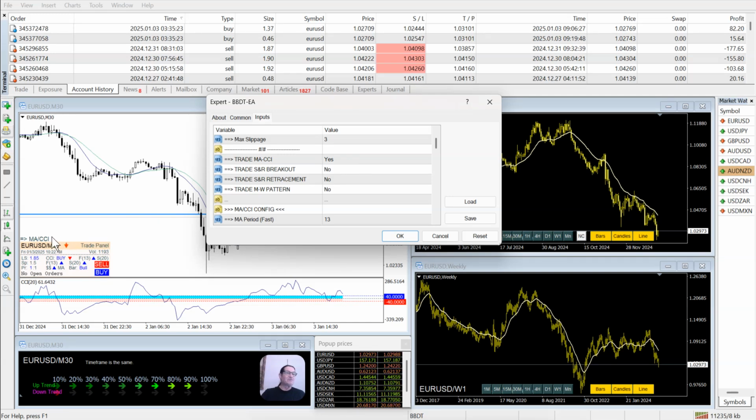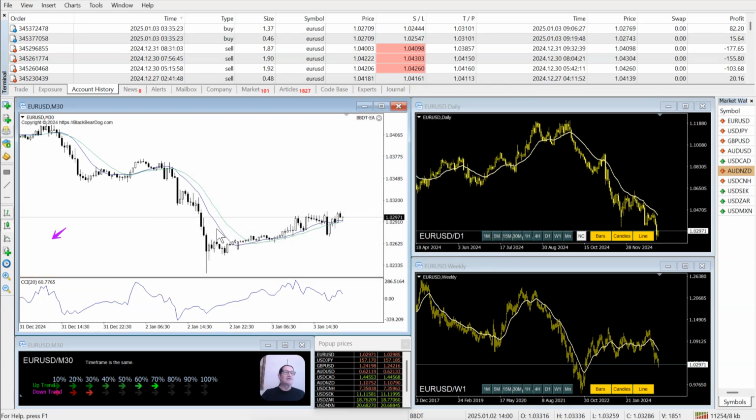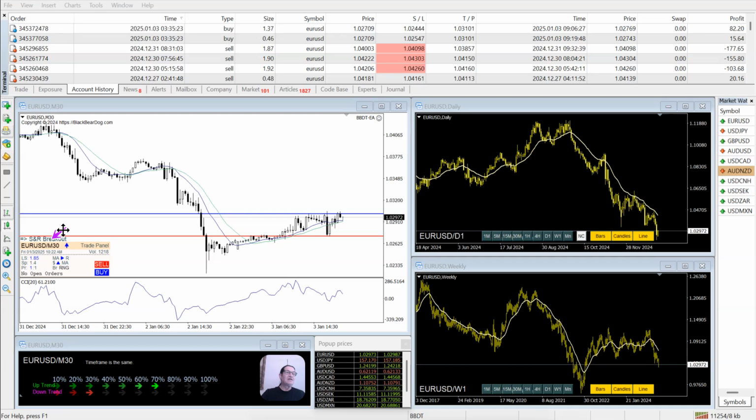It is displayed right above the trade panel right here. So let me, for argument's sake, change this to breakout, for example, and I now click on OK, and with the next stick coming in, there you go, it now tells me that I am set to breakout.